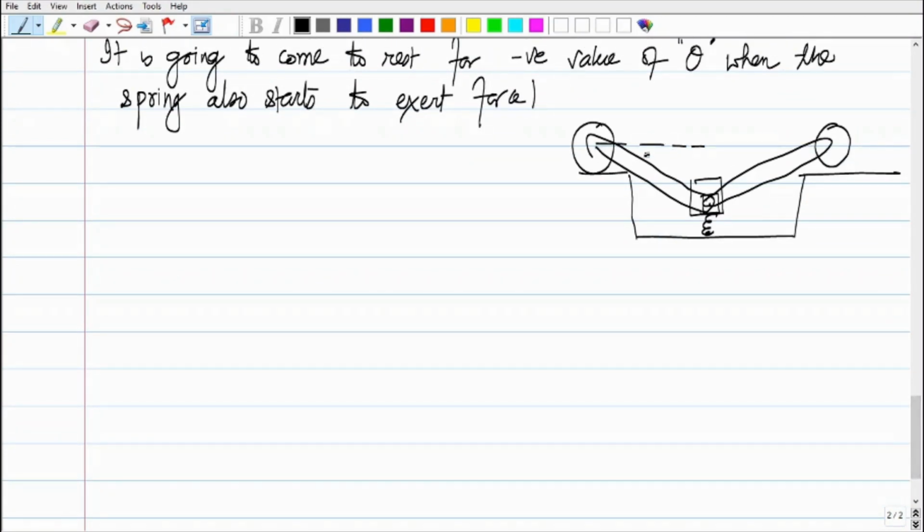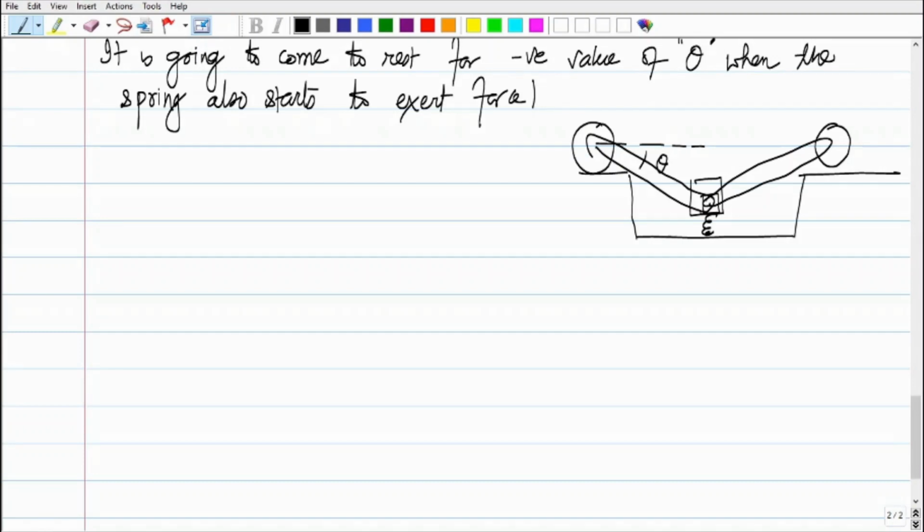And here is the angle theta. See, this problem is easier because there is no kinetic energy involved in the initial state and the final state. So it's just the question of computing the potential.